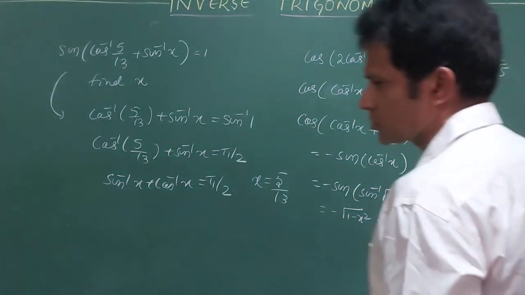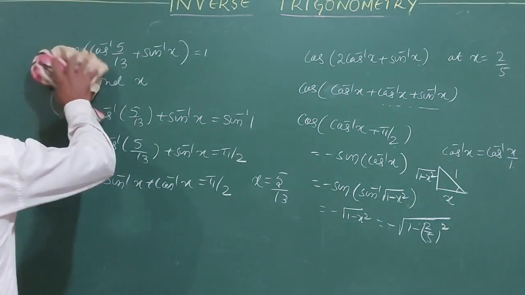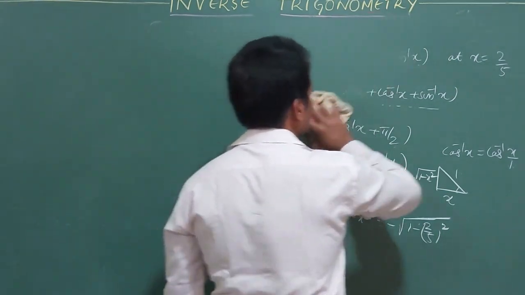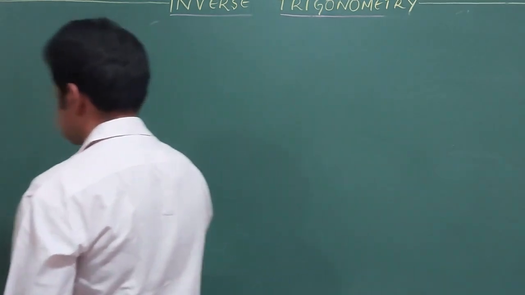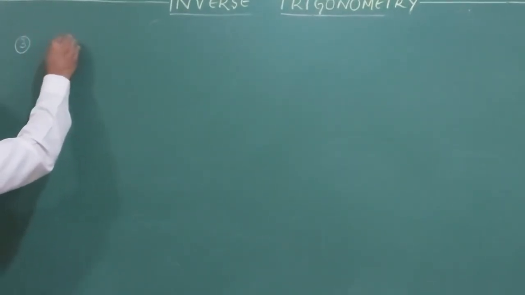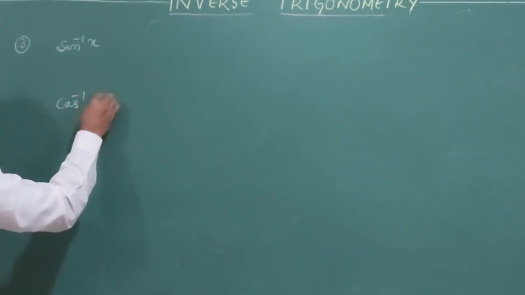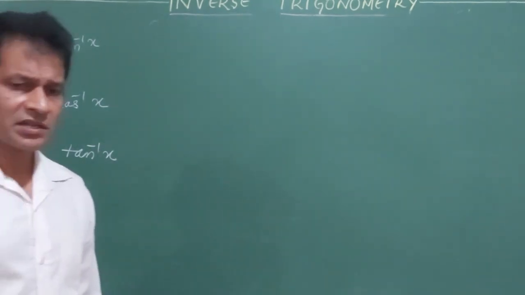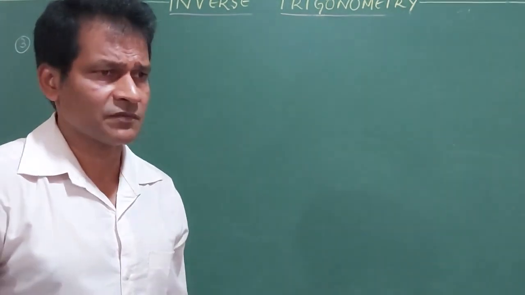Okay, let's go to the next set of formulas now. The first set of formulas: if you have sin inverse x, or cos inverse x, or tan inverse x, one will be given to you and they will ask you to find out the rest 5, because there are 6: sin, cos, tan, cot, sec, cosec.